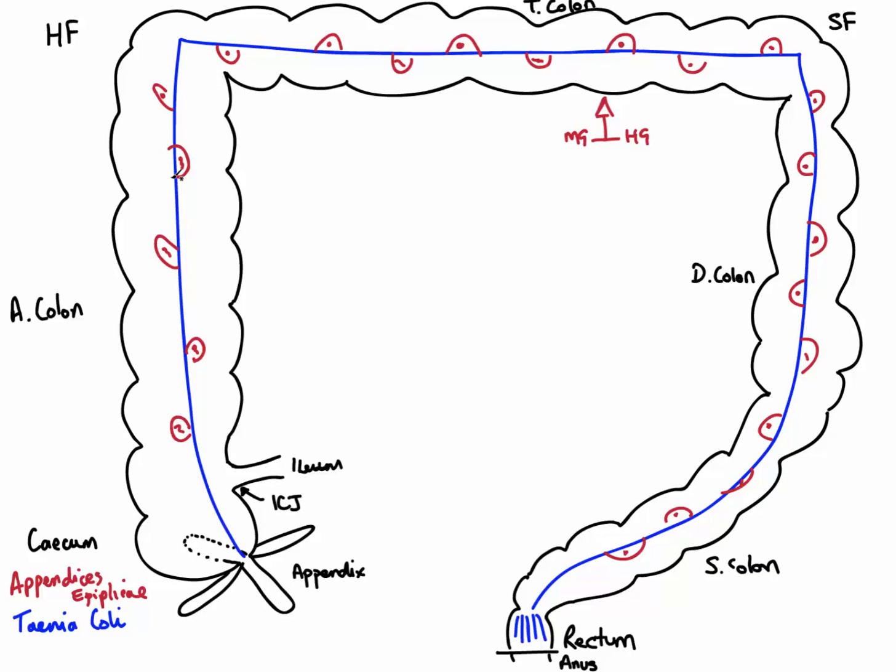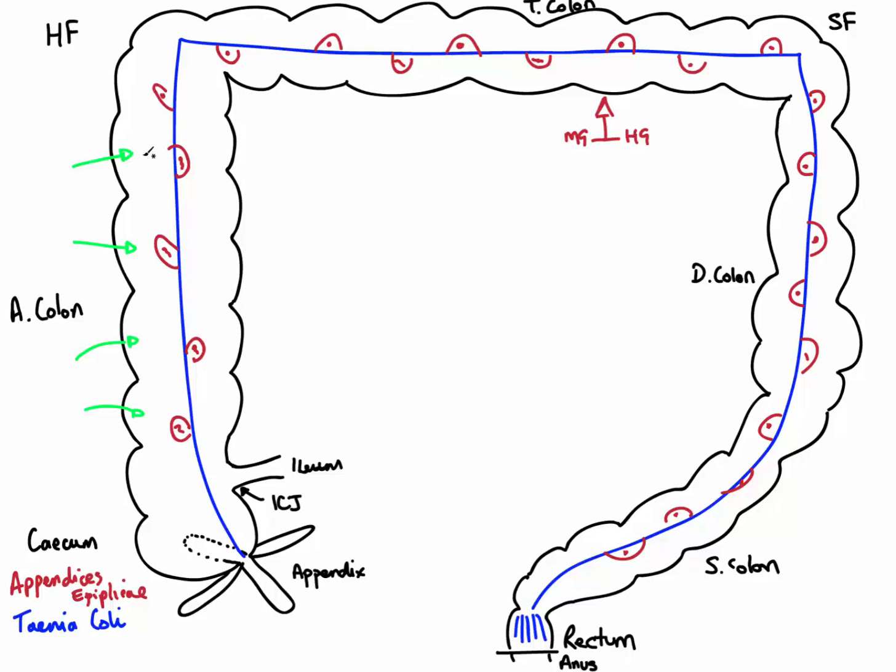Because we have this longitudinal piece of muscle, and this longitudinal muscle is shorter than the length of the large intestine, it actually pulls it in and creates these sacculations. So these sacculations, we've got one here, these little pouches, which are created as the taenia coli are slightly shorter.